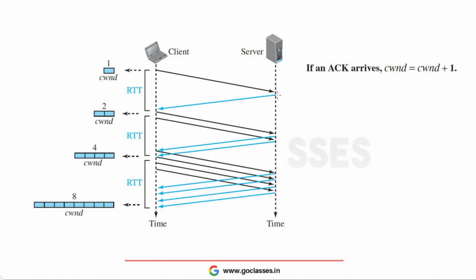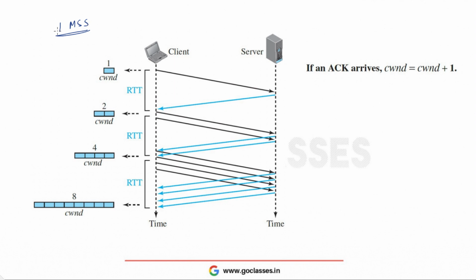So in the slow start phase, what we do is we start with a congestion window. So there is something called the congestion window, and we start it with a window size of 1 MSS, 1 maximum segment size. Now there are a few assumptions. The first assumption is that I'm taking every segment as 1 MSS.